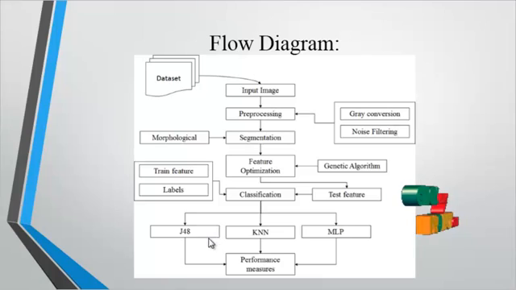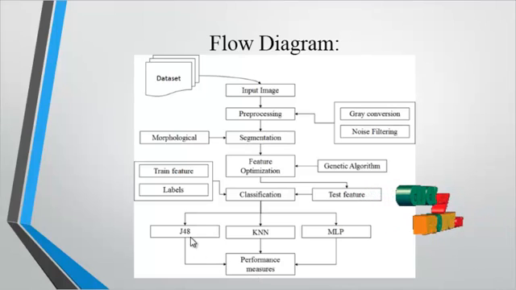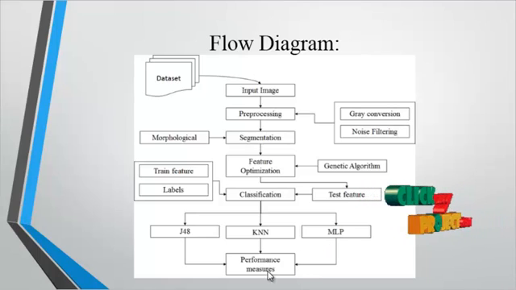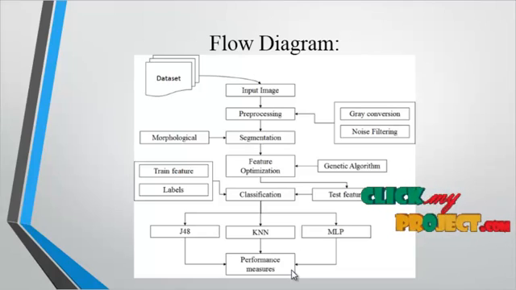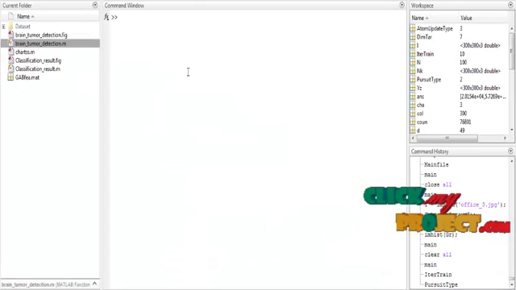Then the classification is done by these three algorithms and the performance measures are calculated separately for the J48, KNN and MLP classifiers. In the performance evaluation, the sensitivity, specificity and accuracy values are estimated and then plotted in graph format.